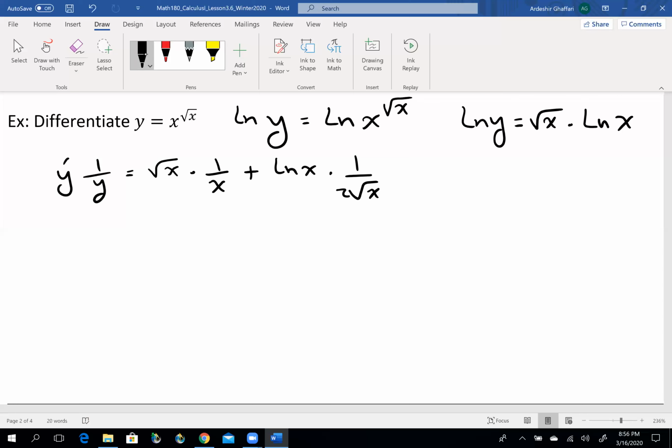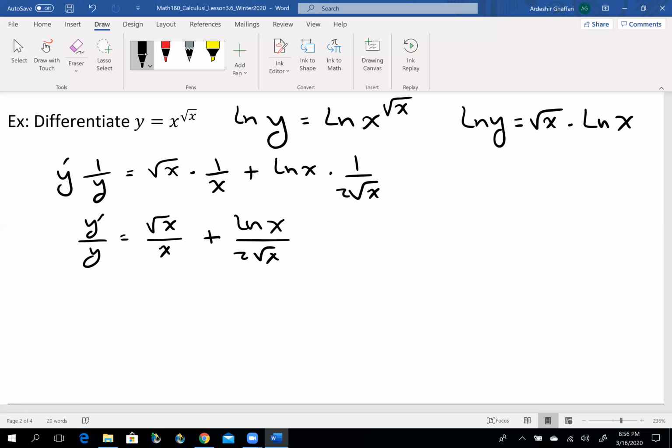So now let's simplify a little bit more. It's going to be y prime over y equal to the square root of x over x plus natural log of x over 2 times the square root of x.